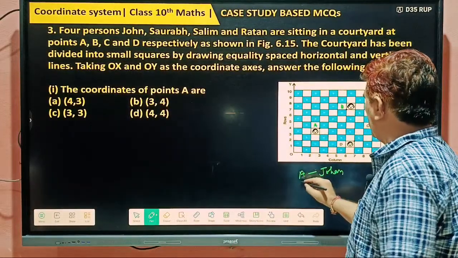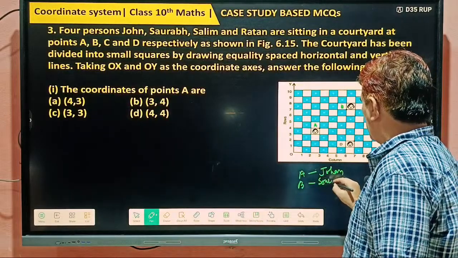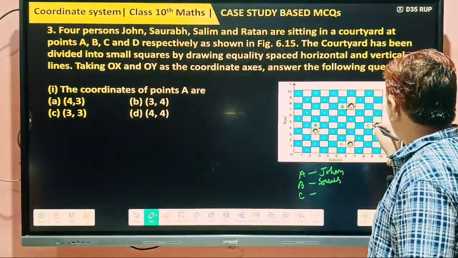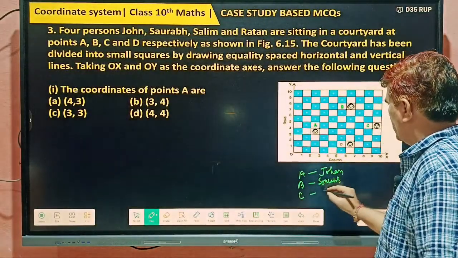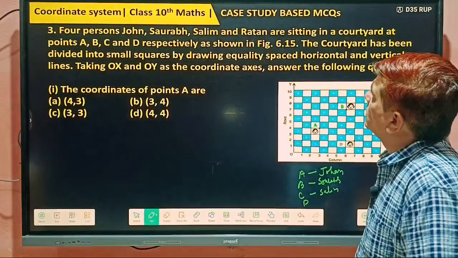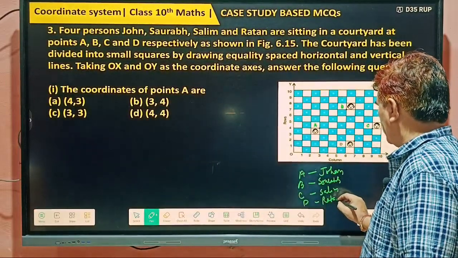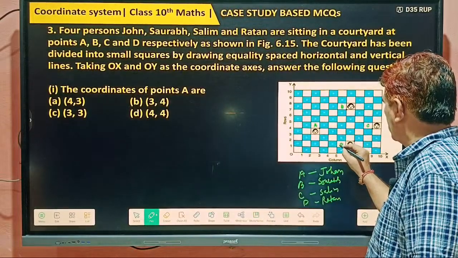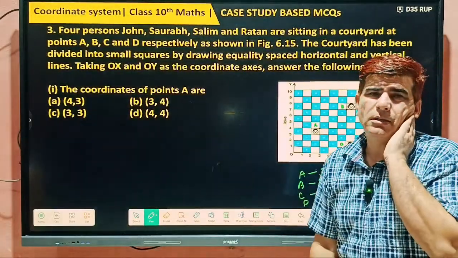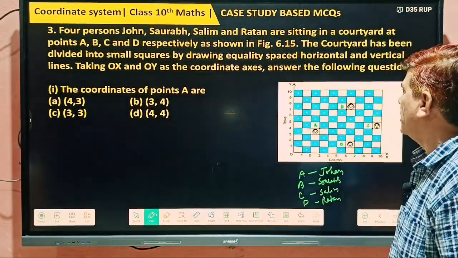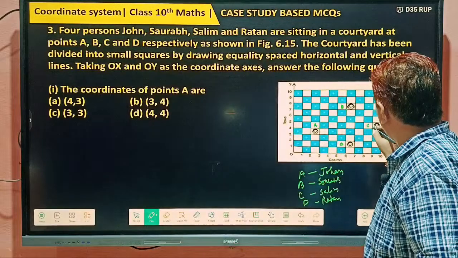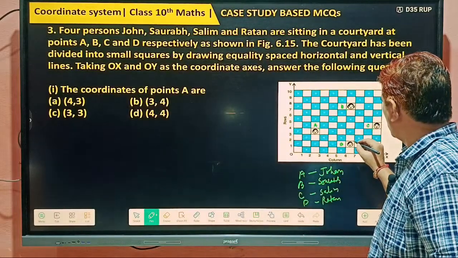C means Salim. Salim is sitting here. C, Salim. And D is Ratan, R-A-T-A-N. Ratan is here. Understood? These are the points given here.